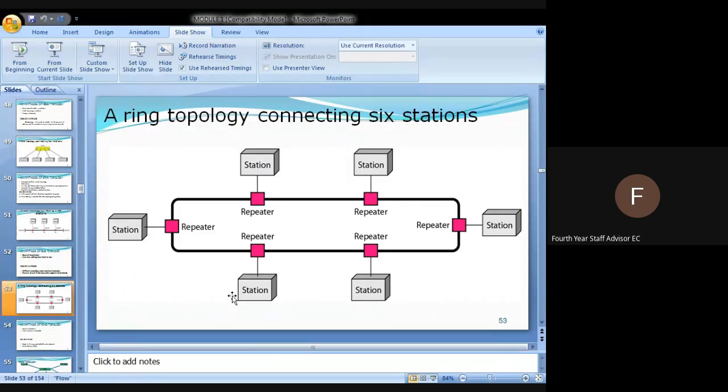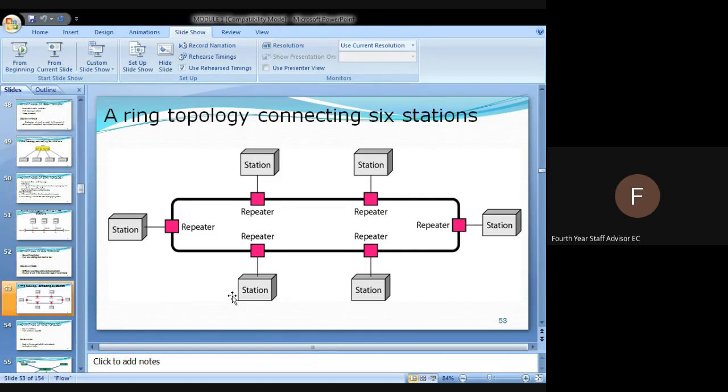Each station has a dedicated point-to-point connection to the devices adjacent to it. A dedicated link exists between two stations, so whoever the neighbors of a particular station are, you have a dedicated link between them.